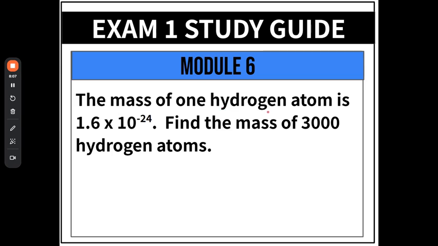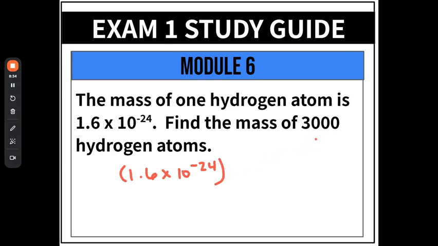Okay, the mass of one hydrogen atom is 1.6 times 10 to the negative 24. Find the mass of 3,000 hydrogen atoms. Okay, so we need to multiply here. So we need to multiply the mass of the hydrogen atom, 1.6 times 10 to the negative 24, times 3,000.